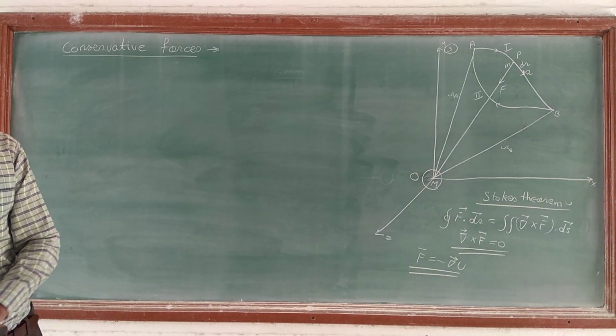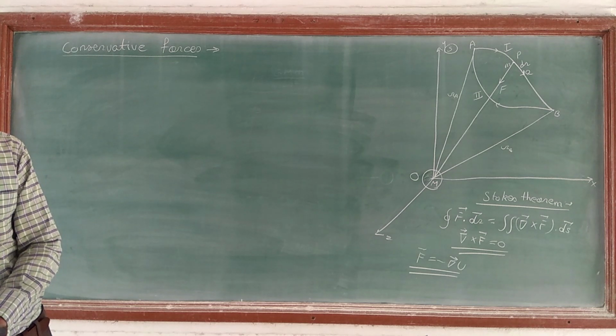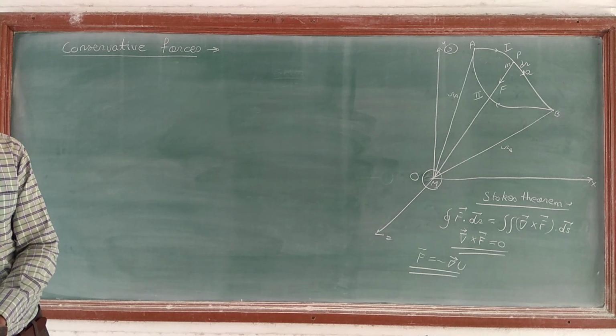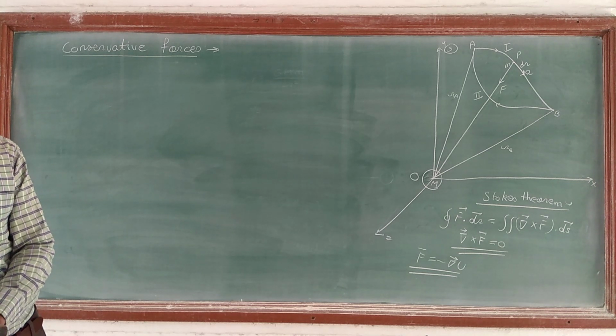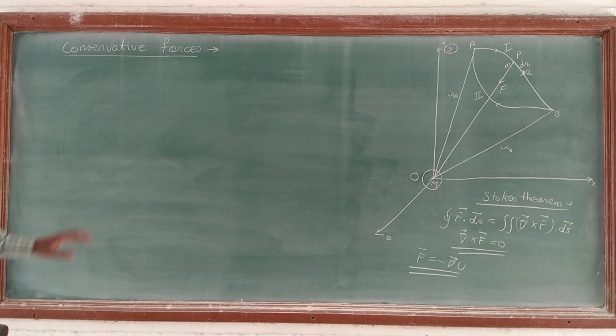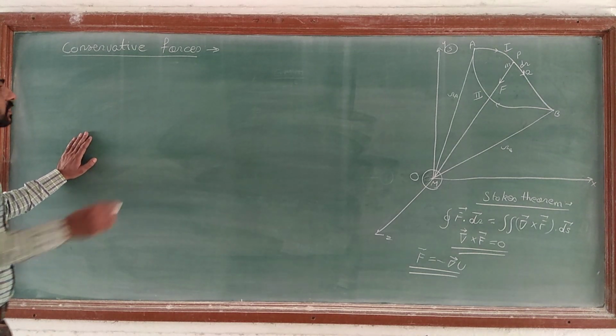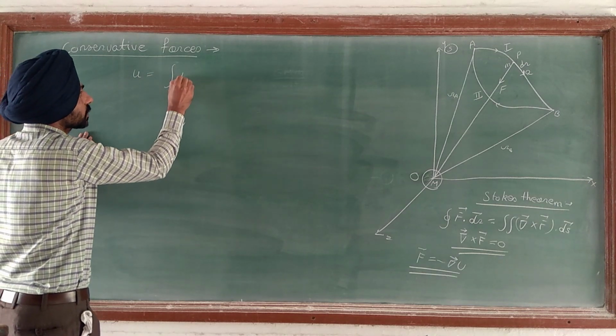Now, in your electricity and magnetism class we discussed that the potential at a point due to a force field is defined as the amount of work done in bringing a particle from infinity to that point. That means potential is the amount of work done. What is the definition of work done?